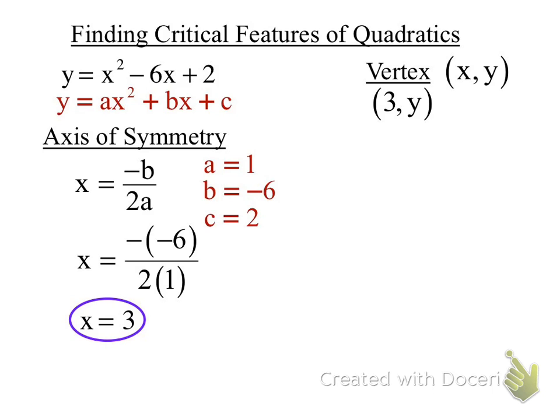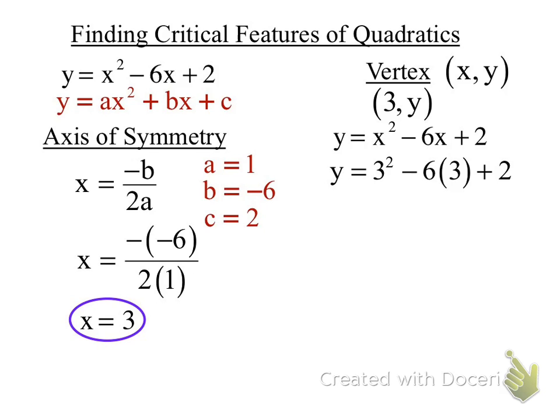And now, to finish finding the vertex, I have to solve for y. So I'm going to use that x, substitute it into the equation, okay? I'm substituting in the 3 for all the x's, and I'm going to solve for y. So 3 squared plus negative 6 times 3 plus 2.